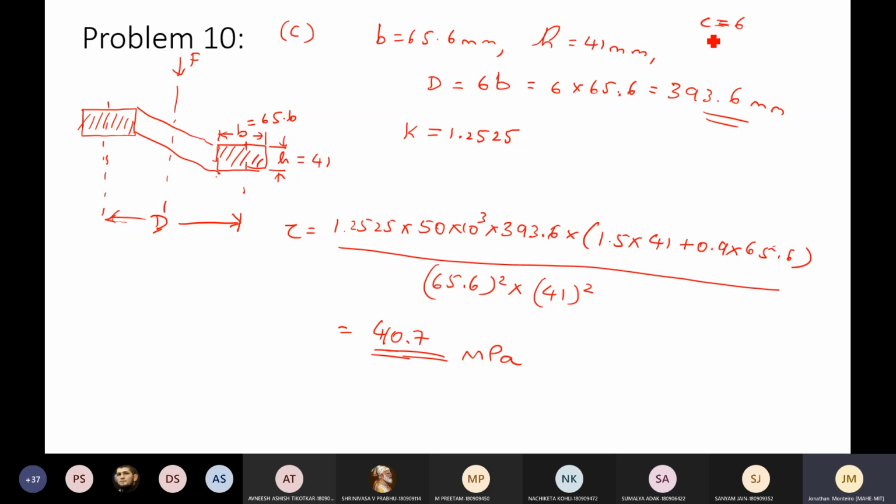The problem is a little bit open, so that is why there is a small confusion whether you have to take it the same way as it is. Assume that the coil diameter is unchanged, then you have to go back with the old diameter. But since it has not been mentioned, what we have done is C is equal to 6, and since by definition it is 6 times B, when B changes, obviously this has to change.